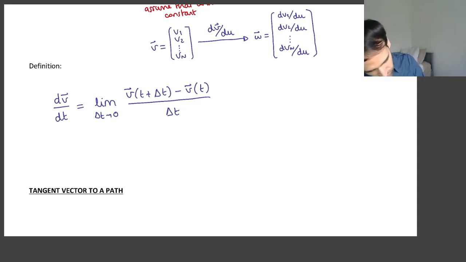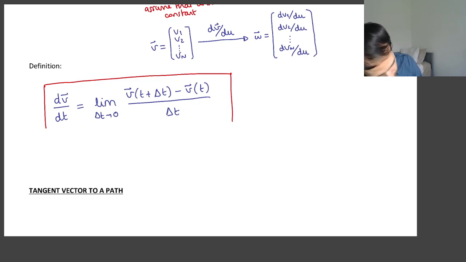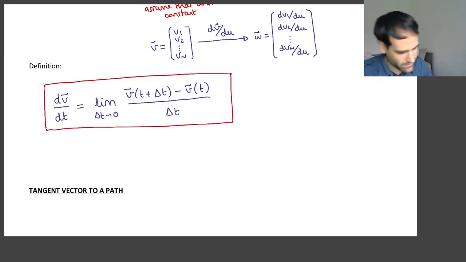Okay, this definition should really ring a bell because it is identical to the definition of the derivative of a function f of x. If f was a scalar function, then this would be f of t plus delta t minus f of t, right? So the definition is identical.